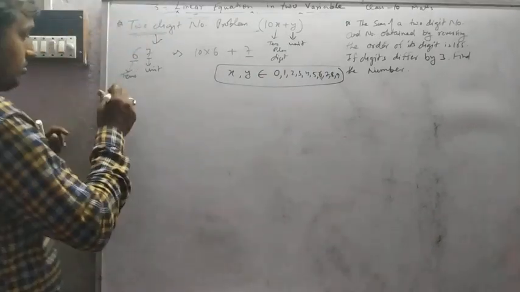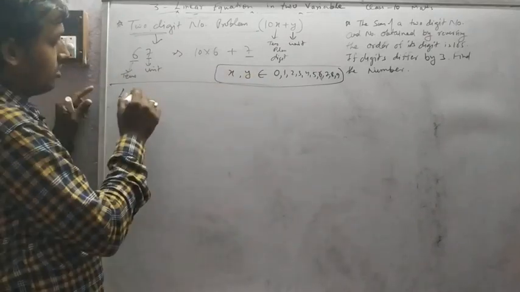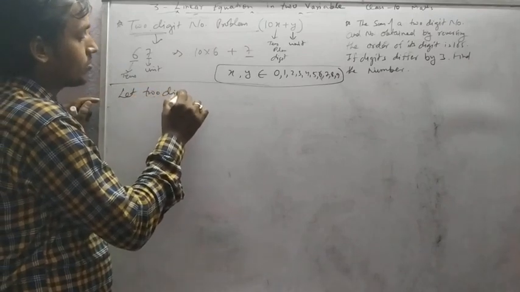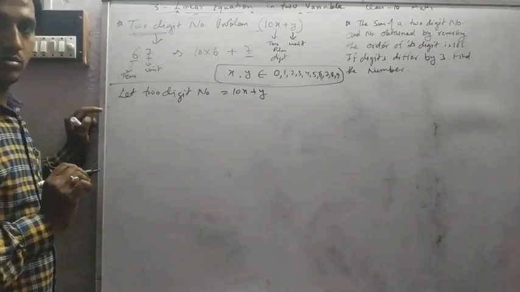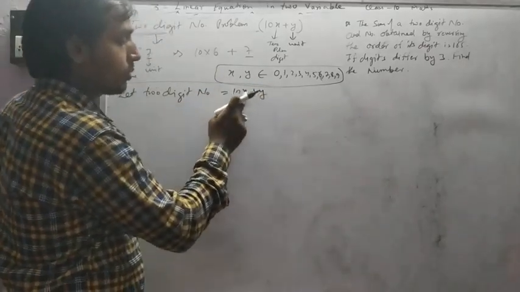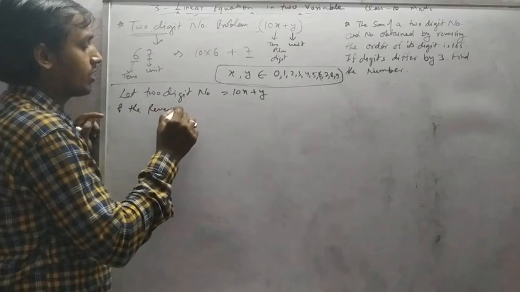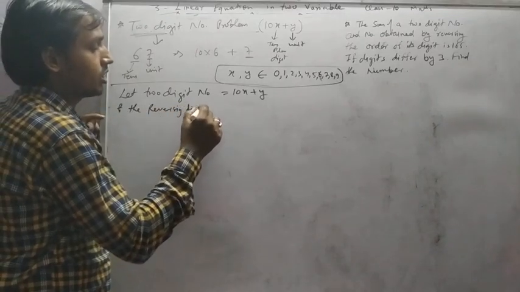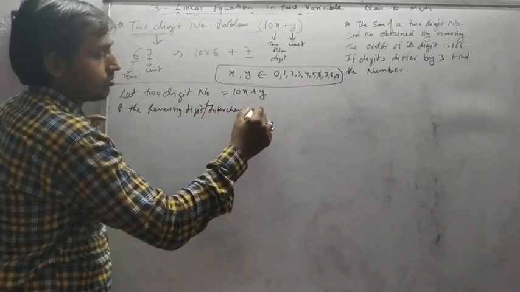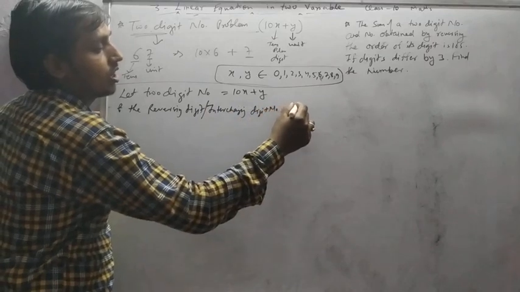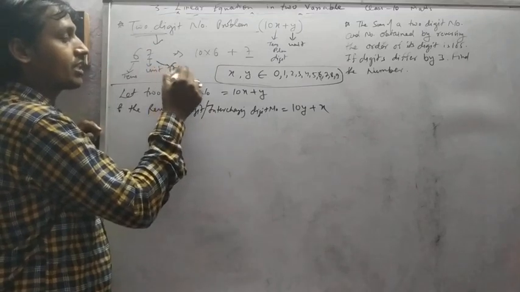If I say for any question, always write: let the 2-digit number be 10x plus y. Understood? y is the unit place, x is the tens place. And the reversing digit number or interchanging digit number is 10y plus x, means 67 becomes 76.